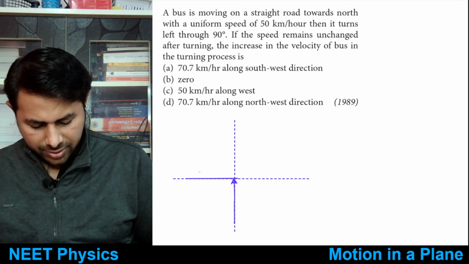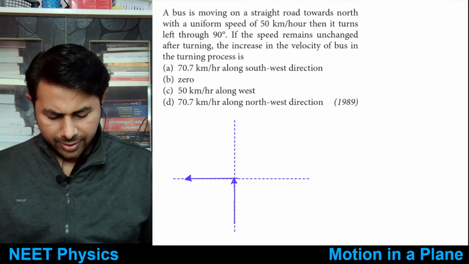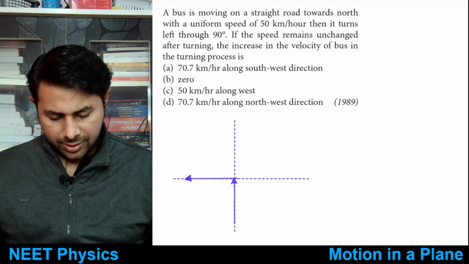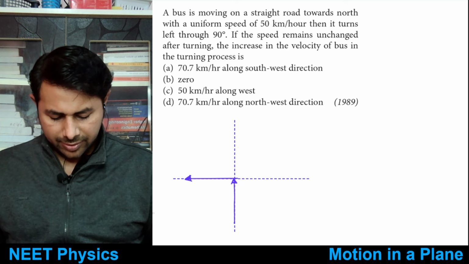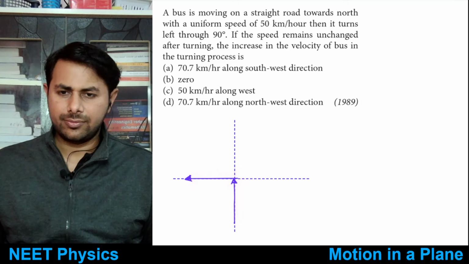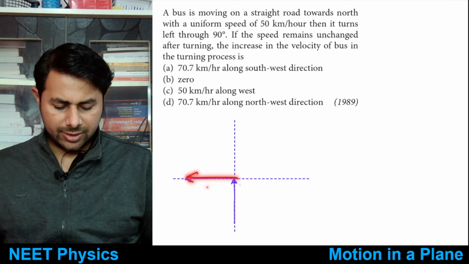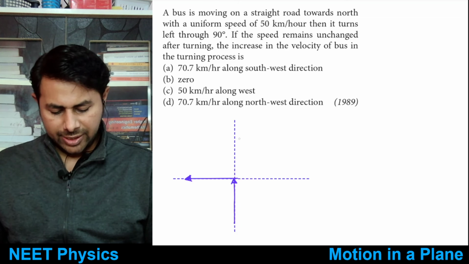So what is the increment in velocity? Tell me. This is the final velocity, this is the initial velocity. What will be the change in velocity?